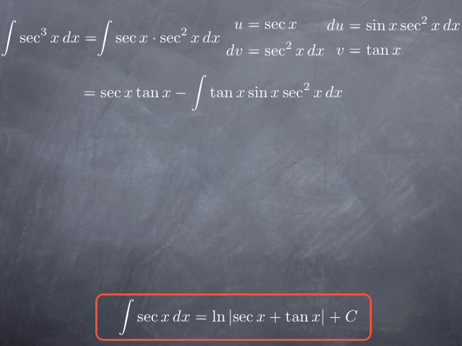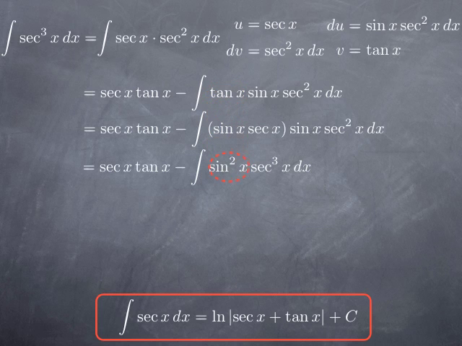Well, that second integral doesn't quite look like something much simpler than what we started with. However, we can simplify that. This tangent x here is really just sine x over cosine x, in other words, sine x times secant x. So I can write it that way, and then multiplying things through, we get sine square x secant cube x.